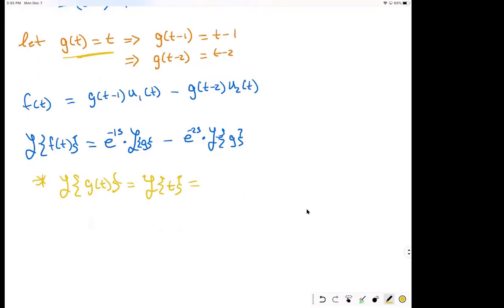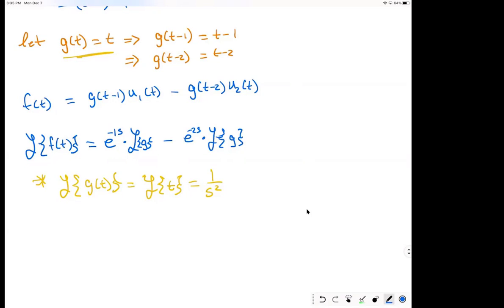And the Laplace transform of t is 1 over s squared. On the chart you have, that's number 2. So t to the first would be n factorial over s to the n plus 1, so 1 over s squared. So then I just put that all together.